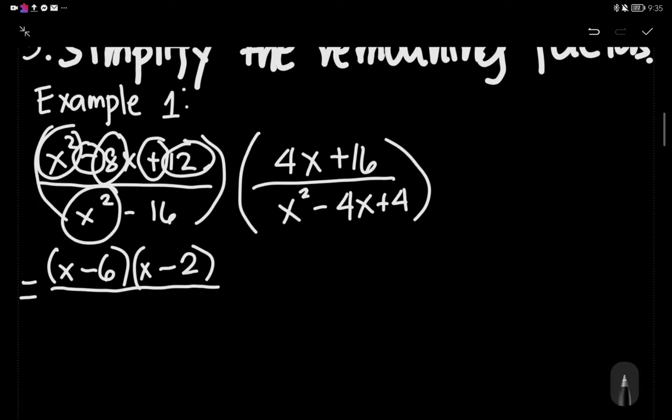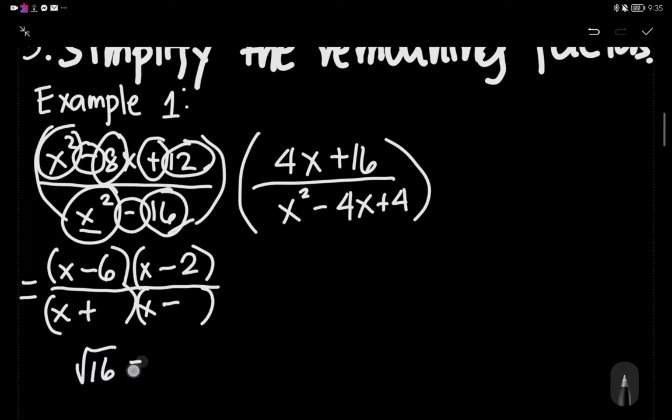Na exponent nga 2 and perfect squares is 16. Therefore, we make 2 parentheses. Factors of x squared are x times x. The sign in the middle is negative. That means the factors are both positive and negative. Then, we are to extract the square root of 16, and that is 4.